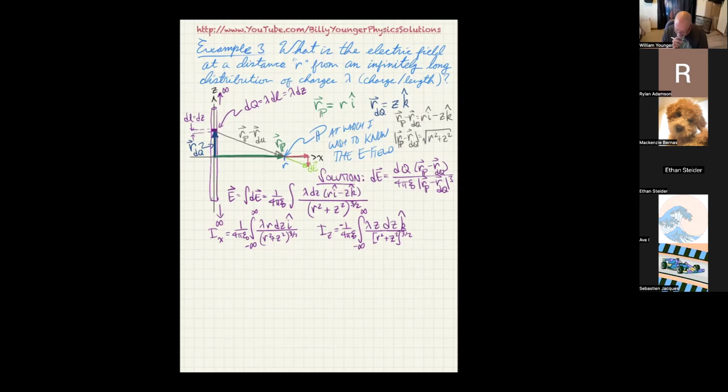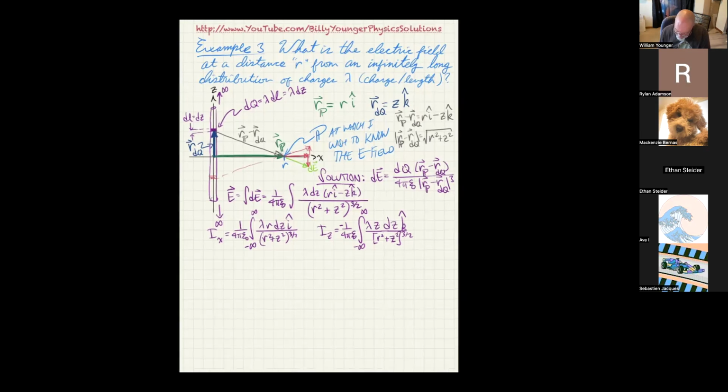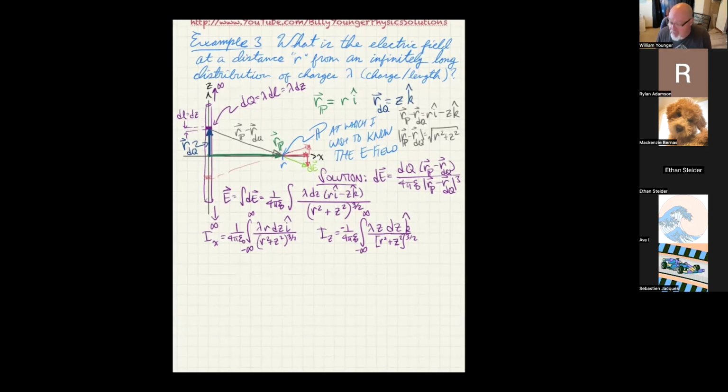And when I go over here and do this little part, I'm going to get yet another dE that's like that, and that's going to have an x component and a z component. But I think you can see by the symmetry that the two z components are going to cancel each other out.